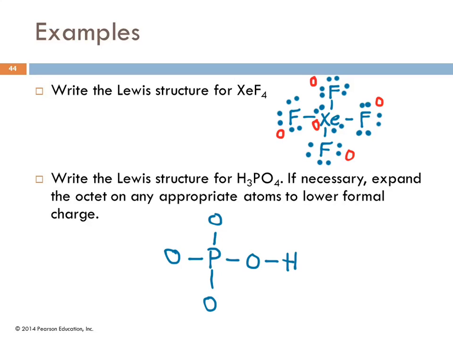And so there's 3 hydrogens. They hang off the oxygens. Okay, so I should really write this out. 4 oxygens, they each have 6 valence electrons, and we've got 3 hydrogens, so that's 3 electrons, and phosphorus is 5. So that's 8 plus 24, that's 32.